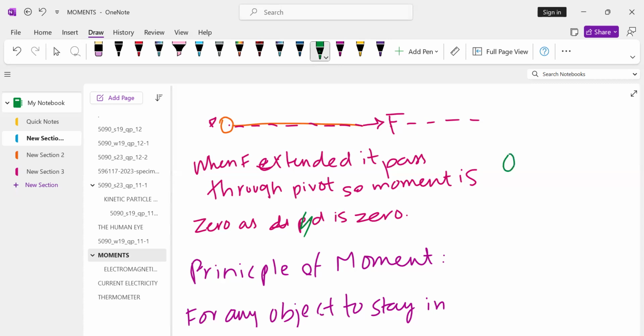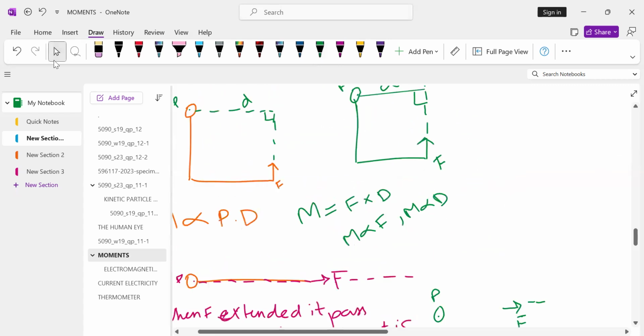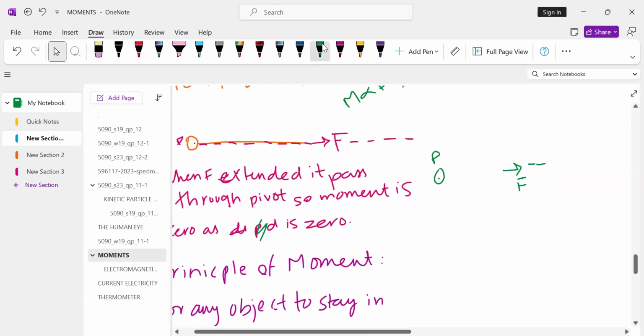In this case, here is the pivot P, and here is the force. So when you extend the force line forward and then towards the backward, when you extend it towards backward, it joins with the line of the pivot.